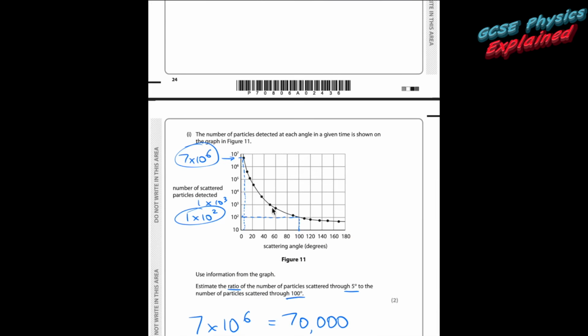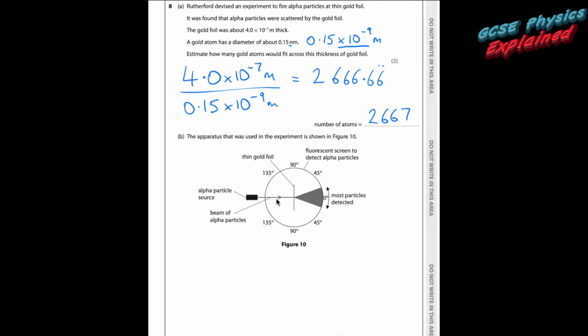Right, some particles have been deflected at angles between 20 and 100 degrees. So some particles sort of bounced around this area.